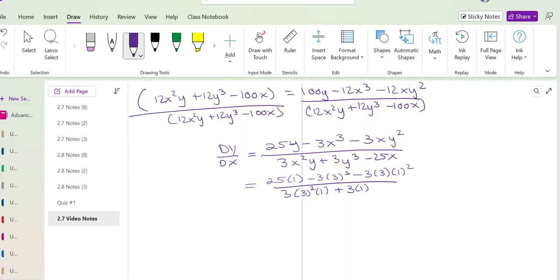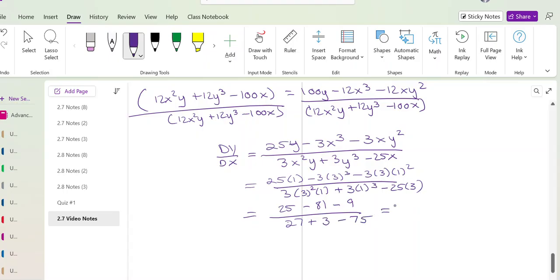So just doing some substituting. And you're going to get 25 minus 27 times 3 is 81 minus 9, all over 9 times 3 is 27 plus 3 minus 75.